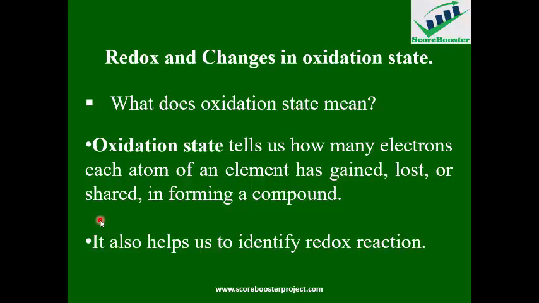We have talked about that times without number. So it is that oxidation state that now tells us which direction electron will go. Is it going to be lost or gained or shared when the compound is being formed? So that now helps us to identify the redox reaction, apart from other identification that we have talked about.